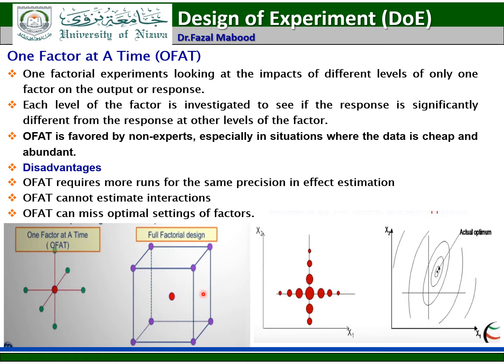Here you see in this diagram, this is full factorial design and this is one factor at a time, and here you see the results. Regarding this diagram, the optimum value appears here. But actually the actual optimum value is not at the center, it is here. So when we use OFAT, we couldn't find the optimal setting of factors.